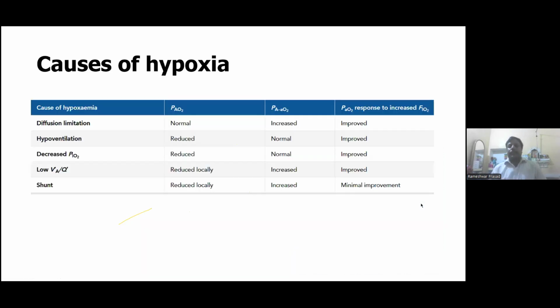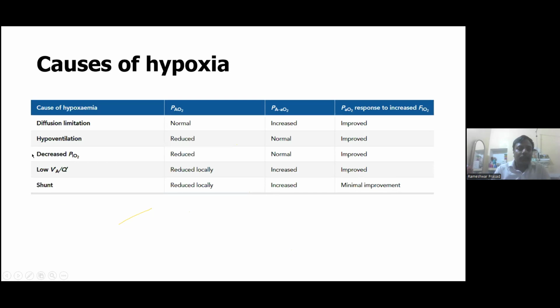Now, why do we want to know about the alveolar-arterial oxygen partial pressure difference? In all other conditions, FiO2 increase will improve SpO2, but in shunt, it will not improve SpO2. This is the characteristic of shunt.